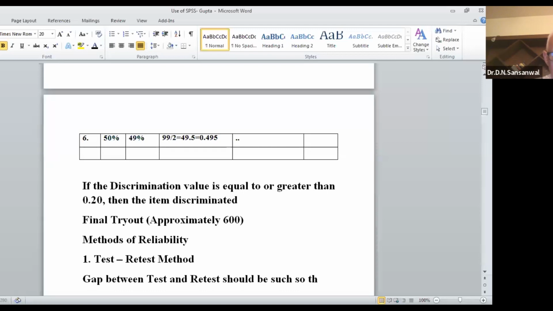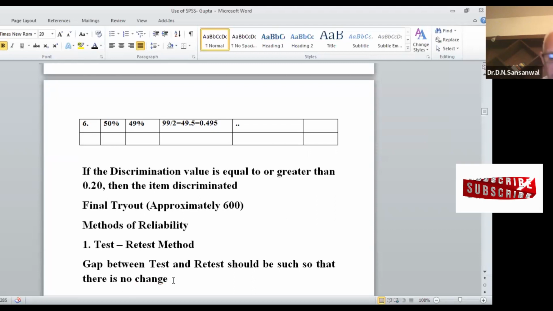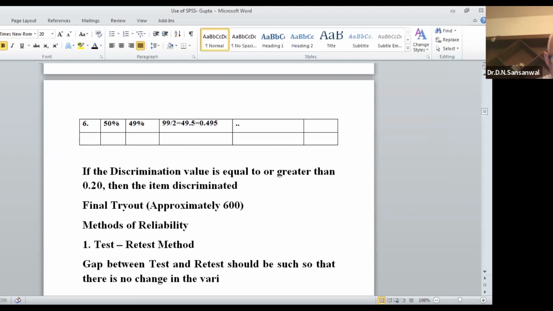so that there is no change in the variable for which the tool is used.